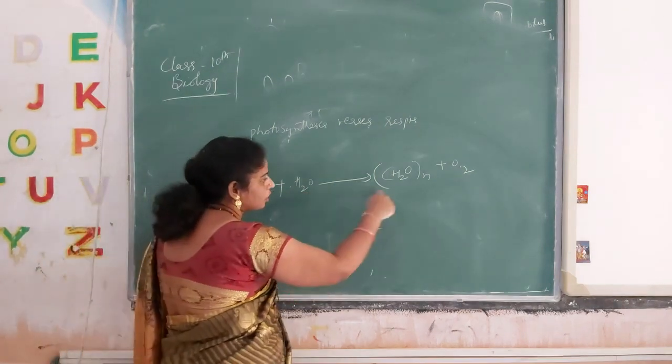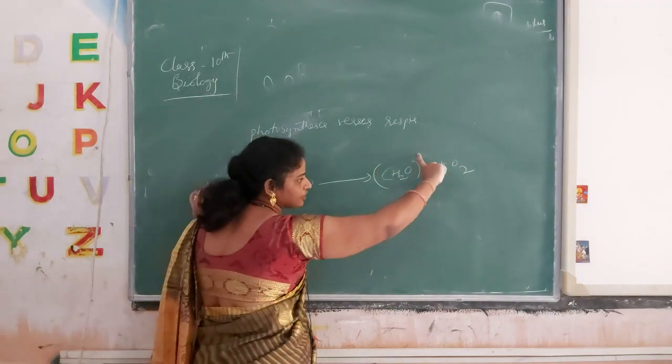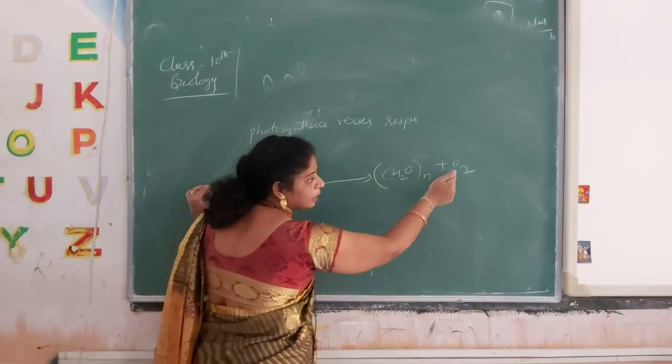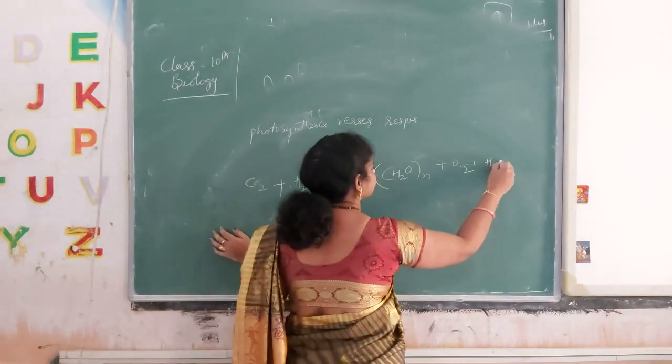The CO2 plus H2O, when combined, will give rise to a carbohydrate, plus O2, plus H2O also we can write here.